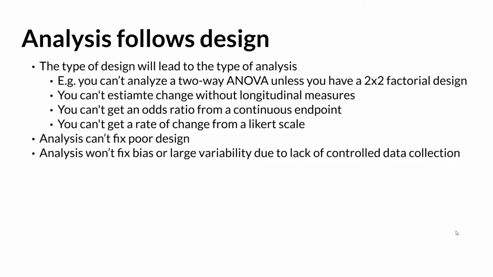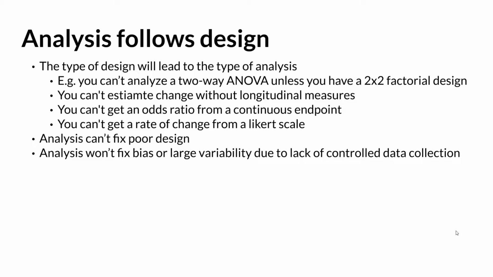trials. Analysis follows design. The type of design will lead directly to the type of statistical analysis. For example, you can't analyze a two-way ANOVA unless you have a 2x2 factorial design. So I cannot fit a linear model with A plus B plus A times B that creates 4 groups if I don't have all 4 groups.